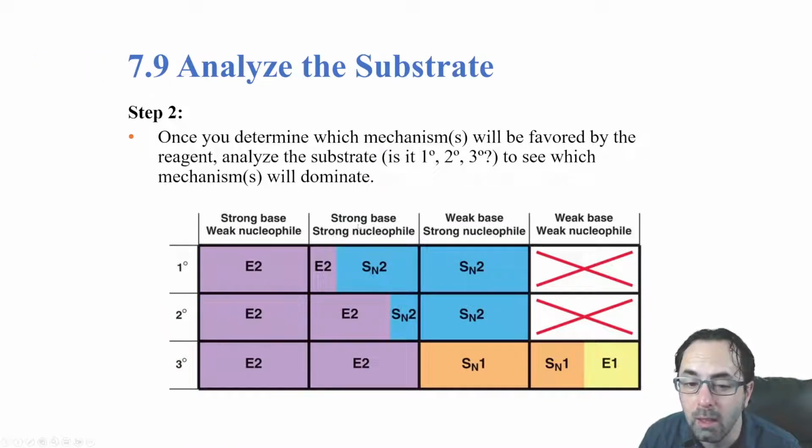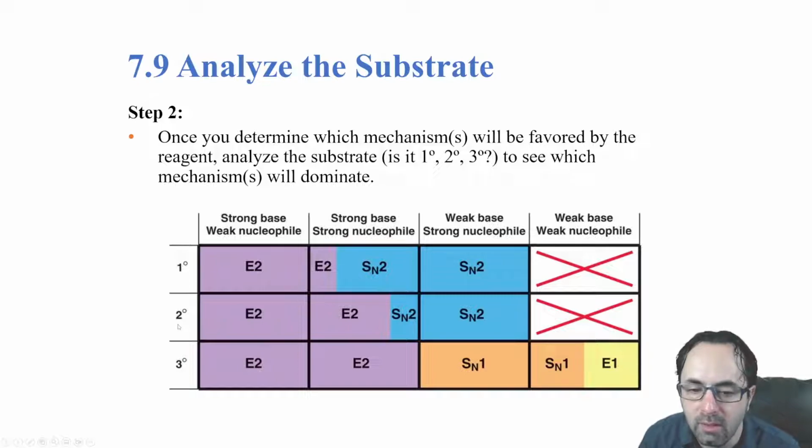Now, if you have a base that is a good nucleophile, like our hydroxide or methoxide or ethoxide ions, all these alkoxide ions, these are both strong bases and strong nucleophiles. If the substrate is a primary alkyl halide, the SN2 reaction will be dominant because that nucleophile will be open to the backside attack. There will be some E2 also, so the SN2 product will be the major product, the E2 product the minor product.